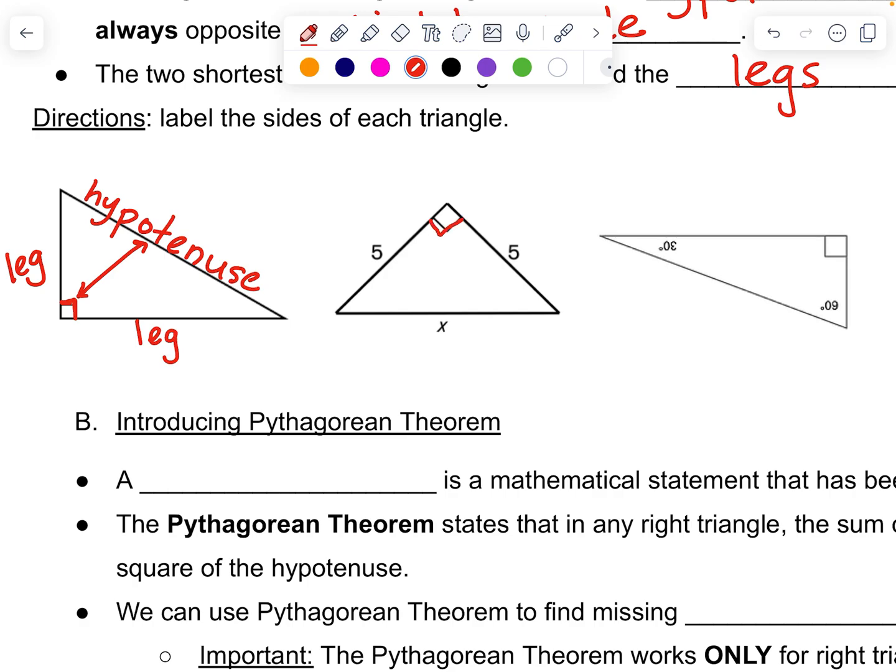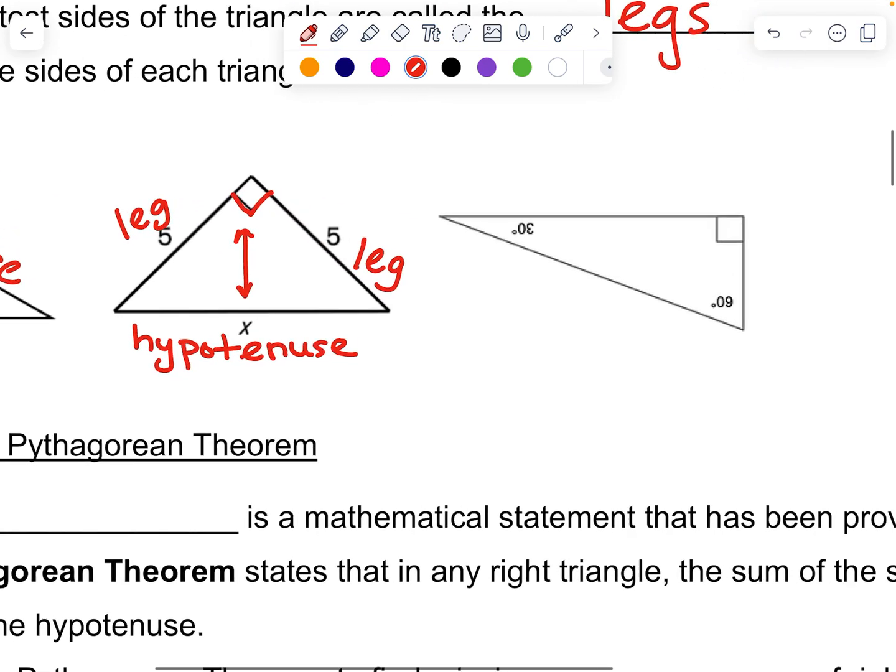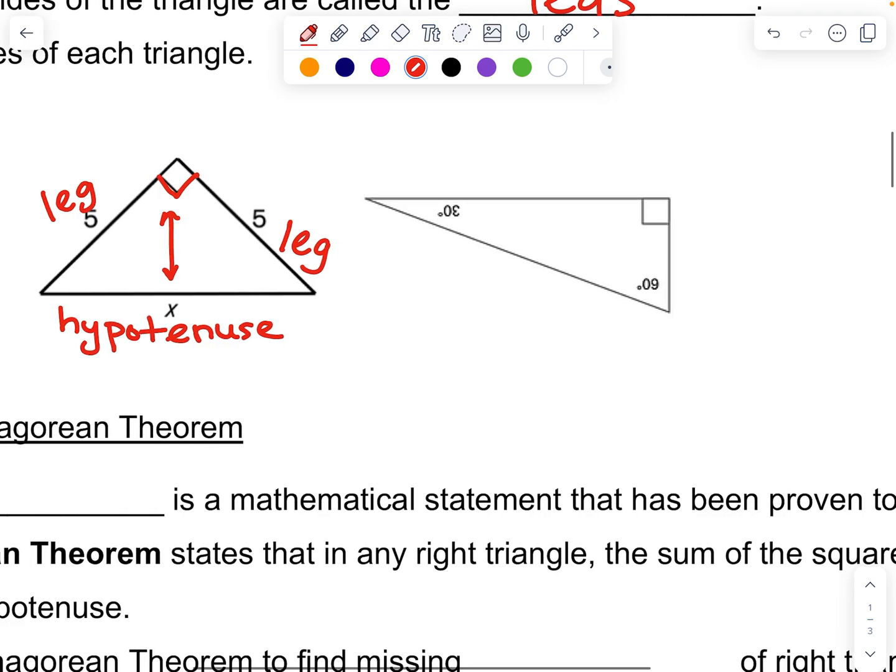Again, here I have my right angle, and right across from it, my hypotenuse. Meaning that these other two sides, this is a leg and this is a leg. So I always start with identifying my hypotenuse. Okay, last one.